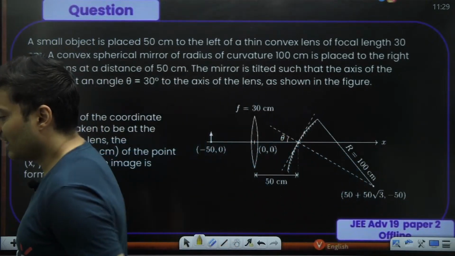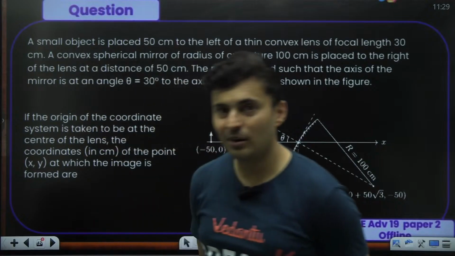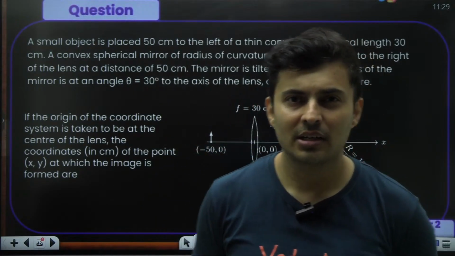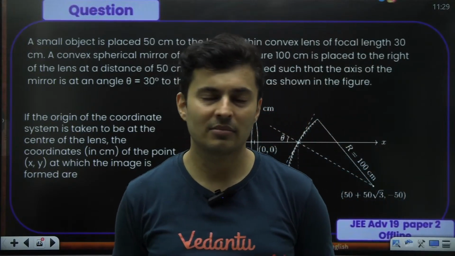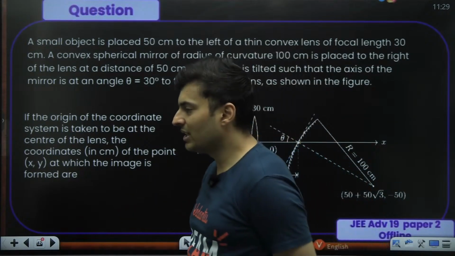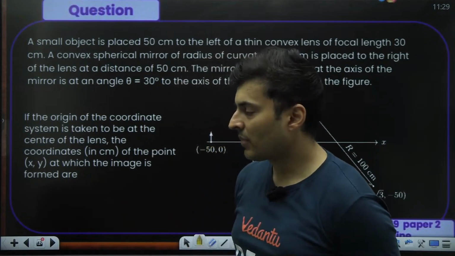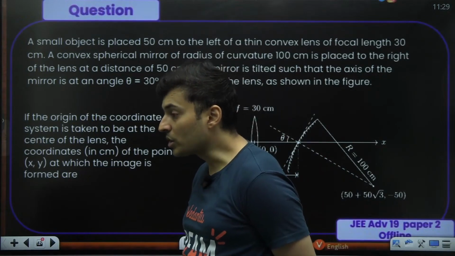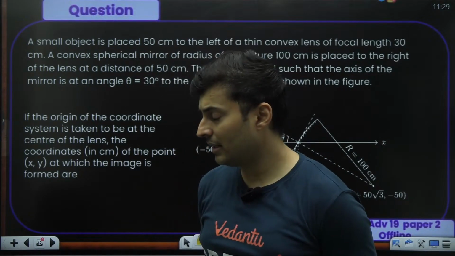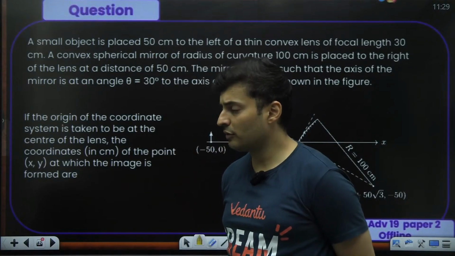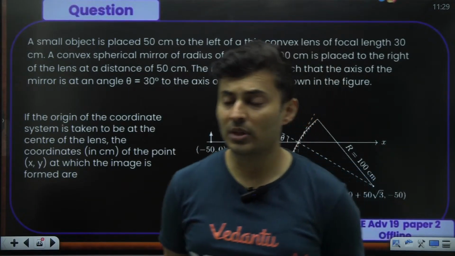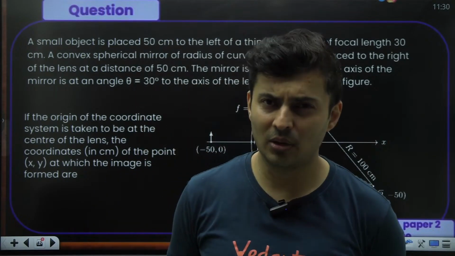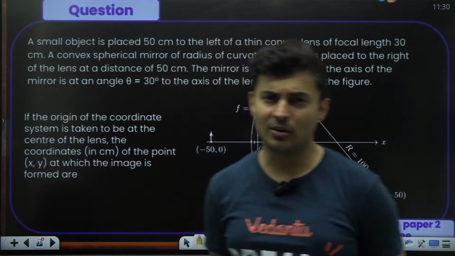JEE Main's results, are they correct or wrong? Whatever it is, we have to accept it now, because now is not the time to fight. The other exams are there. Let's focus on that. Obviously, the results are definitely doubtful, ambiguous and questionable. There is no clear clarity, and special injustice to shift one students, and also 4th April, and many students from other shifts also had a lot of bonus questions which were not considered or dropped.